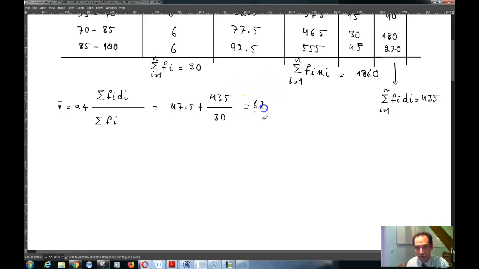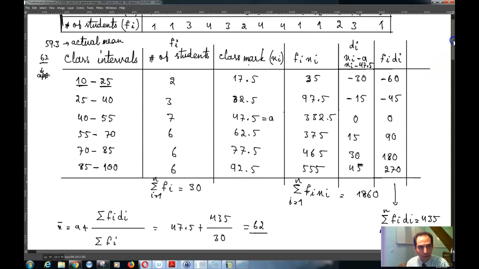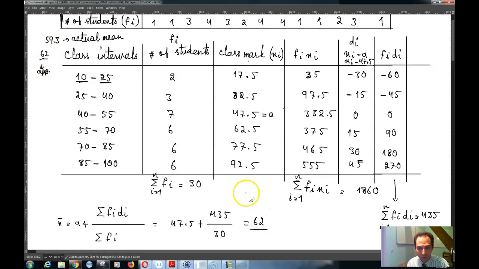This is, by the way, the approximation that we found using the previous method, not of course the actual value, but the approximation, which was multiplying f of i times x of i, and so on and so forth. So that's how this works, and therefore the mean of the marks obtained by the students is 62.